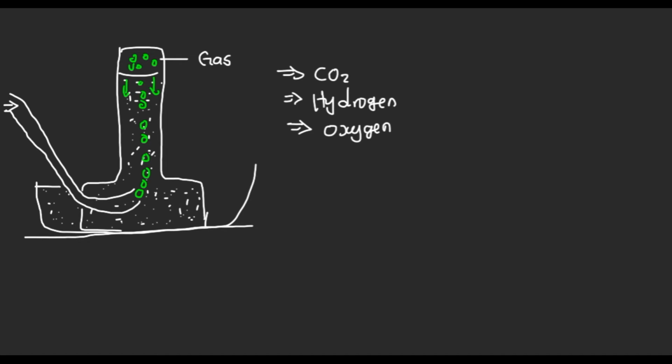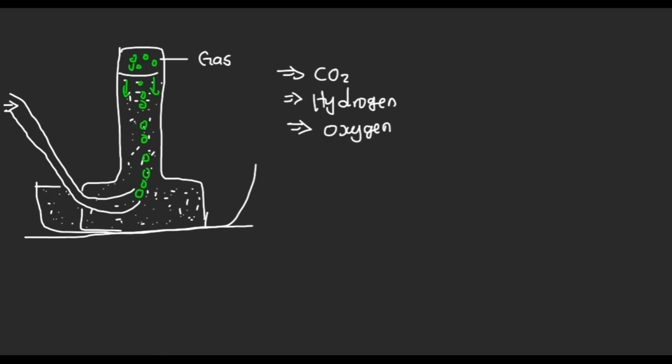So to summarize our work, we are saying the collection of a gas depends on solubility and the density of air. The first two methods are used to collect gases depending on the density, and the gases that can be collected by the two methods that we looked at earlier are those that are soluble in water.